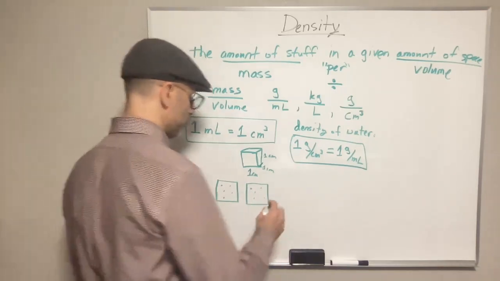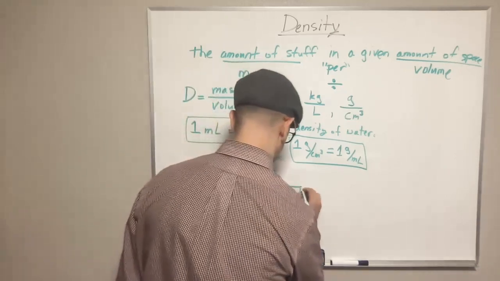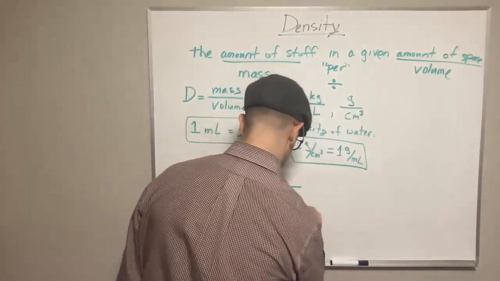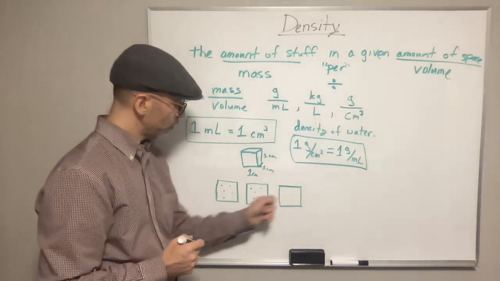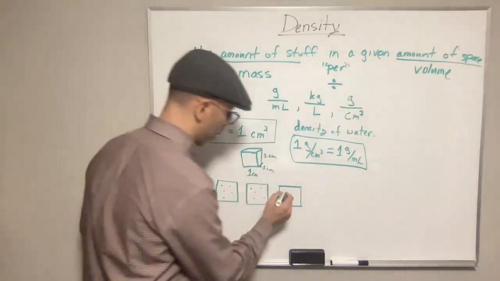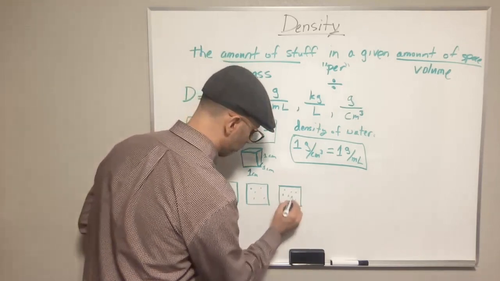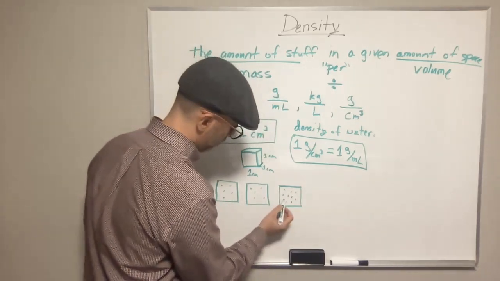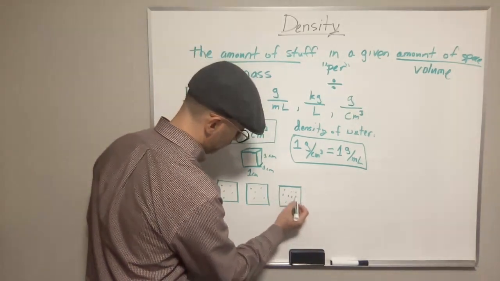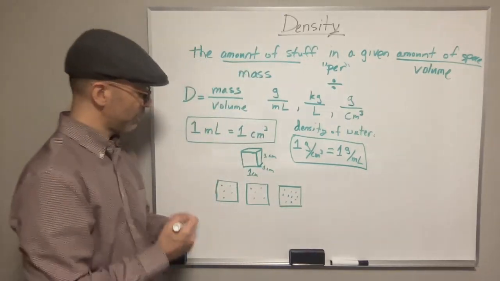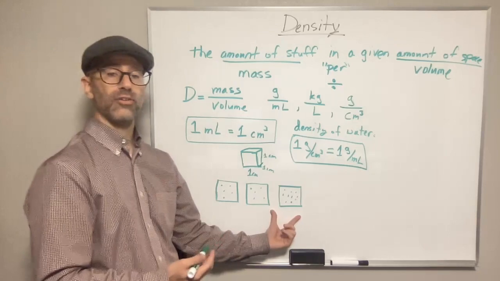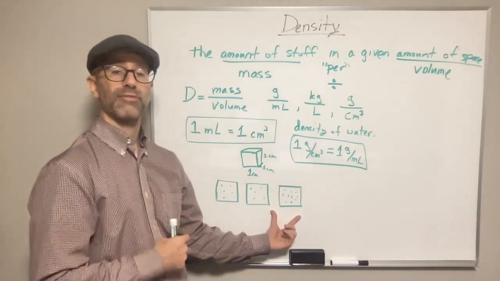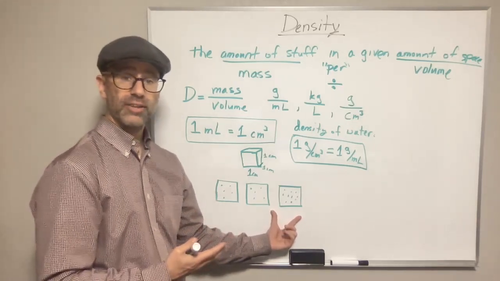What if you have another one, same volume? Again, this might not be to scale. So assuming that these are all the same, if I have more particles, let's say I have 4, 5, 6, 7, 8, 9, 10. Now I have 10 particles in there, right? So same volume, but twice as many particles. So that means I've doubled the density.